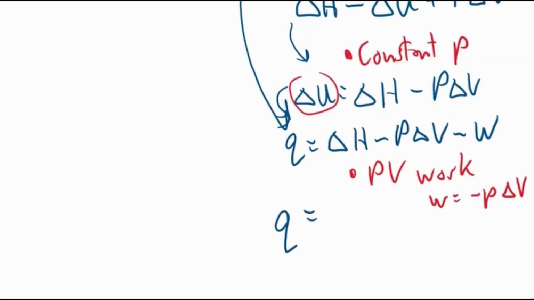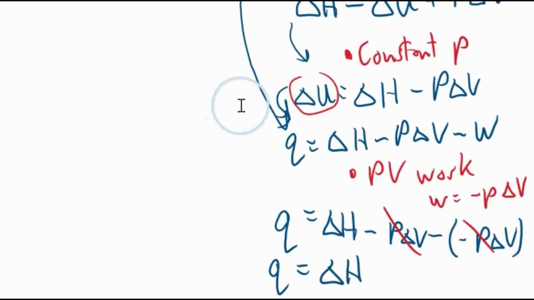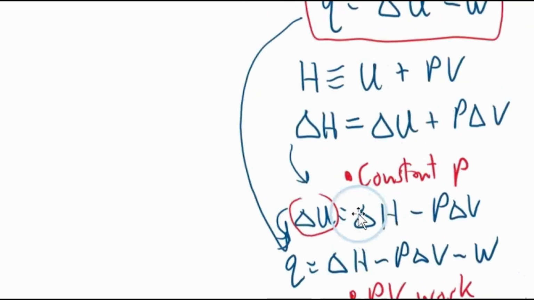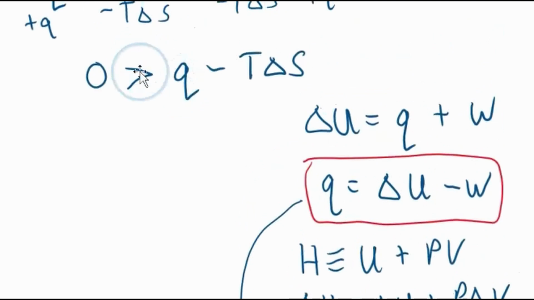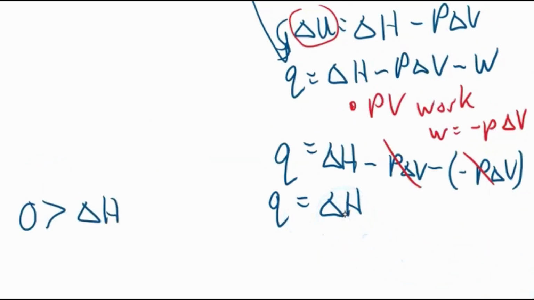So our Q is going to equal delta H minus P delta V minus negative P delta V. Well, a negative and a negative makes a positive, which cancels out with this one right here. So Q equals delta H. And remember, this is constant pressure and PV work only. So we can plug that into our equation here. Q is delta H minus T delta S.